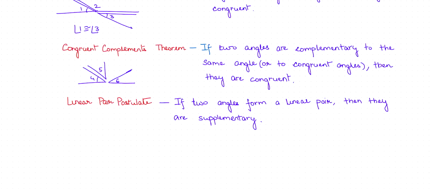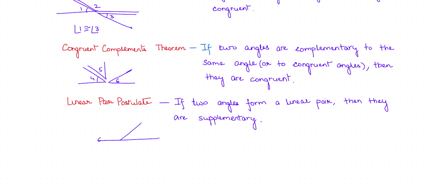So linear pair postulate says that if two angles form a linear pair, then they are supplementary. So, linear pair is basically a set of two adjacent angles whose non-common sides form a straight line or a straight angle. So, this is a linear pair.